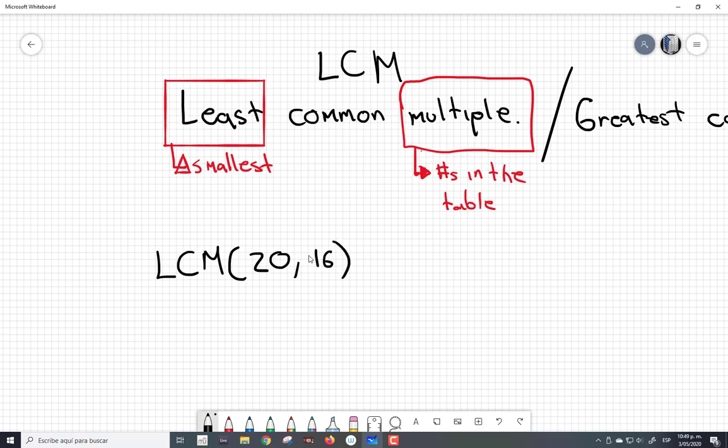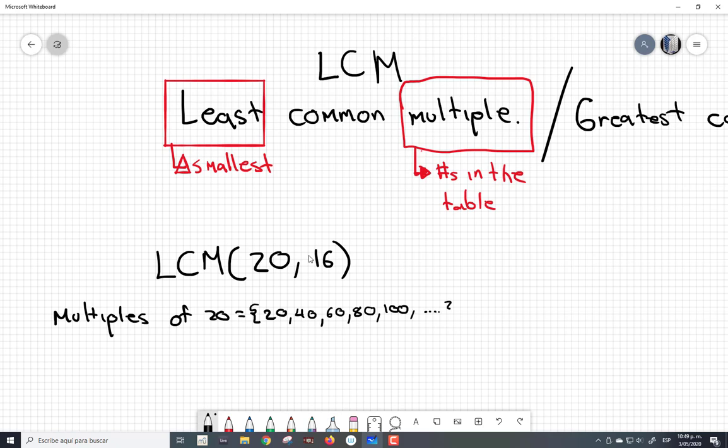So let's find the multiples of 20. The multiples of 20 are 20, 40, 60, 80, 100, and we can continue endlessly because it can continue forever. Now let's do it also with the 16, multiples of 16.